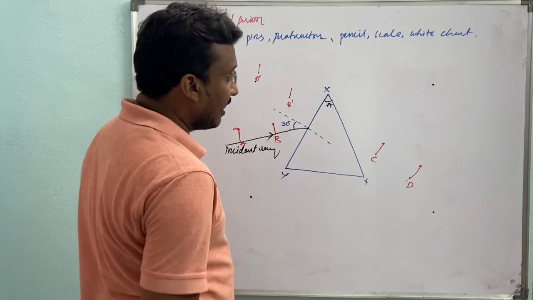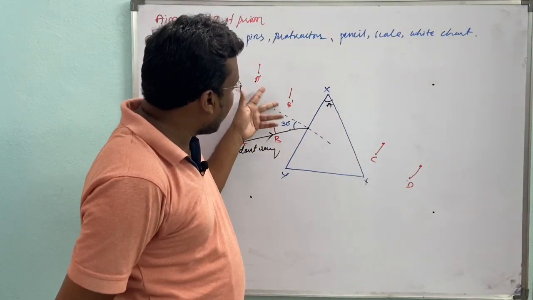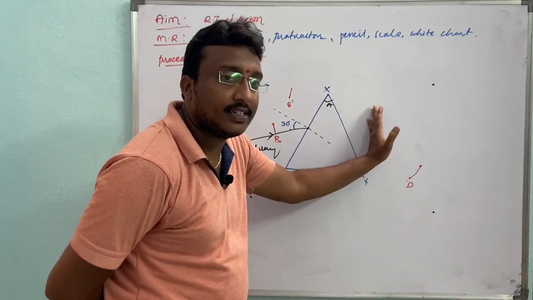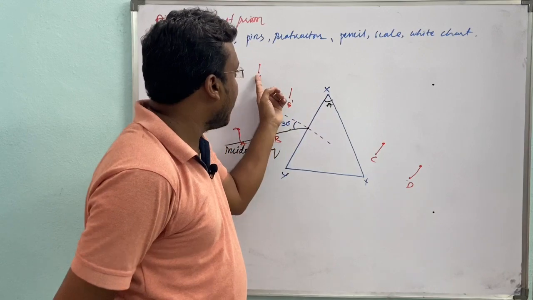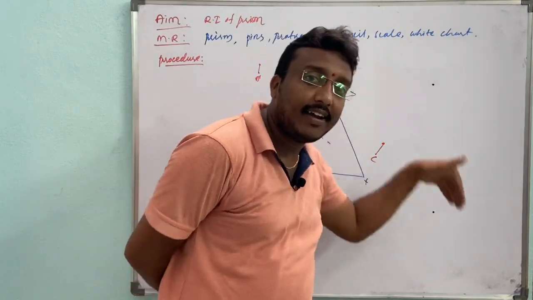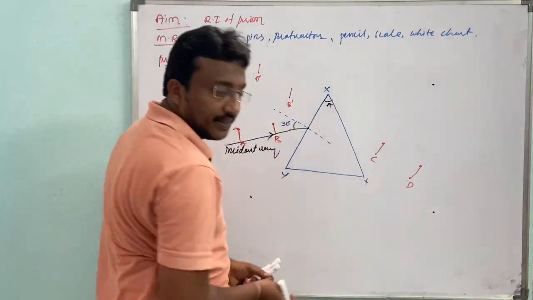Right? Then when we observe the pin images of A and B from the second surface of the prism, this A dash, B dash, C, D appear in a straight line, or in one line. Okay.